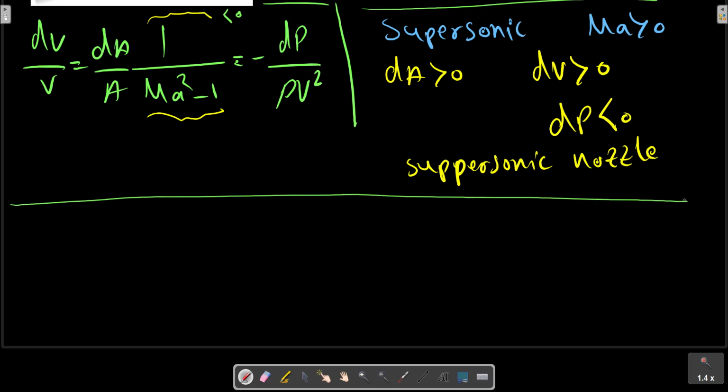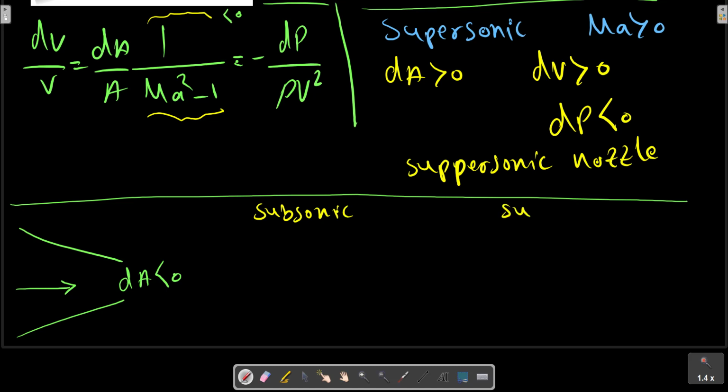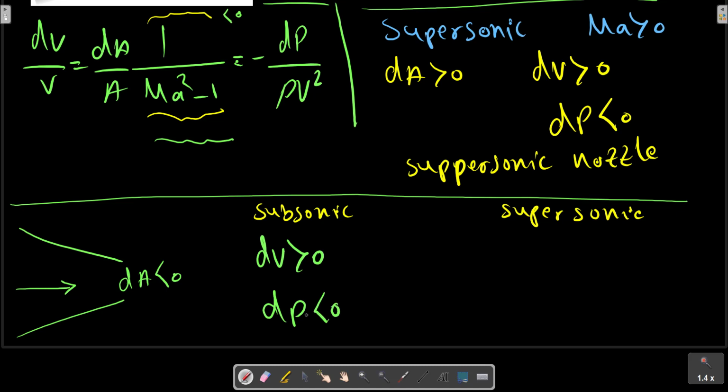For the other case, we have another geometry here. If we have dA smaller than 0, subsonic and supersonic. For the subsonic, this term is smaller than 0. So if dA is smaller than 0, dV and dP always have the opposite sign.